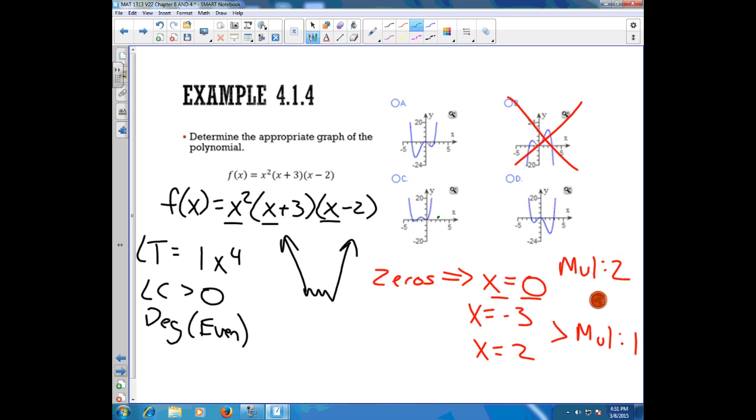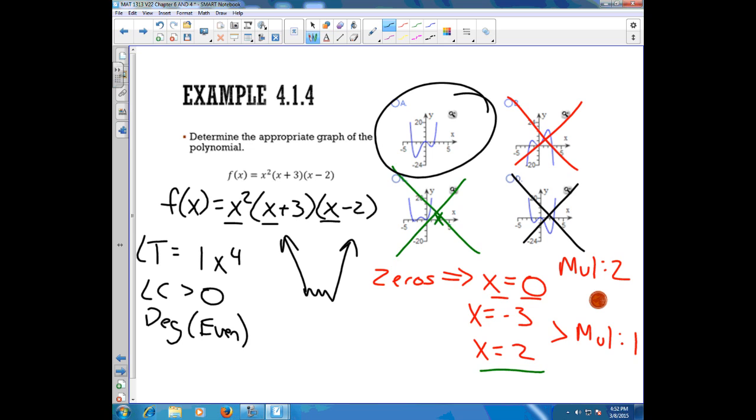It doesn't have a 0 here at positive 2, so we can get rid of that one. D has a 0 at negative 2 and positive 3, so that's opposite what we're looking at, so we can get rid of that one. And the answer should be A.